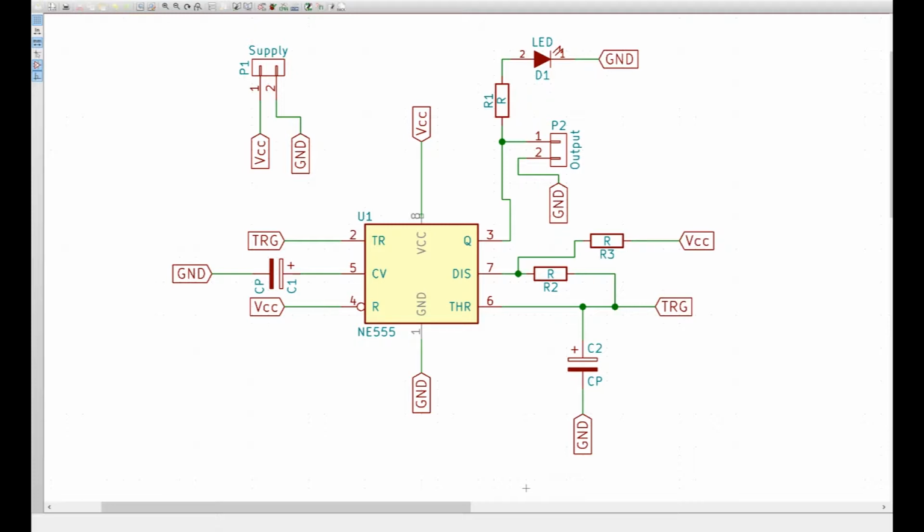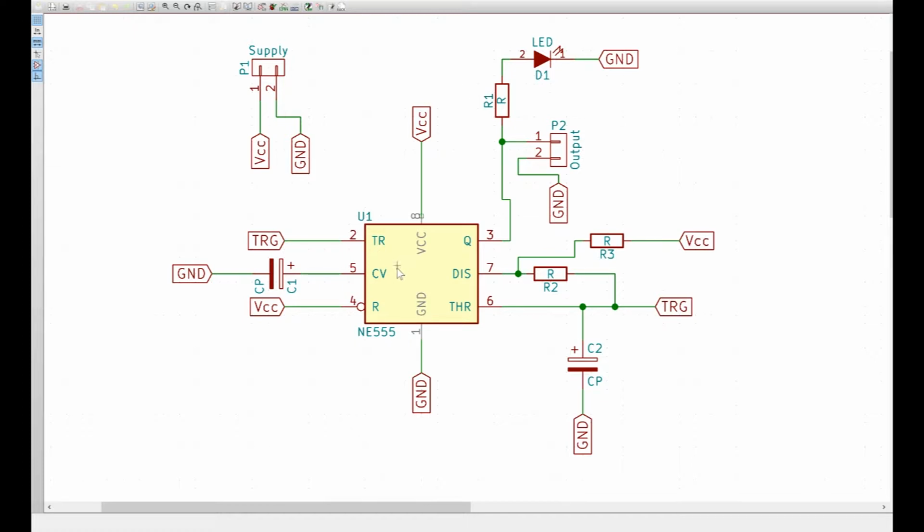Now we'll break down the entire circuit into components of how it's working, and that would help us understand it better. So like always, we have the pin 3 of the 555 timer as the output, and the output goes to the LED via a resistor and also to the output header pin. This is pretty standard across all modes of 555 that we have seen till now.